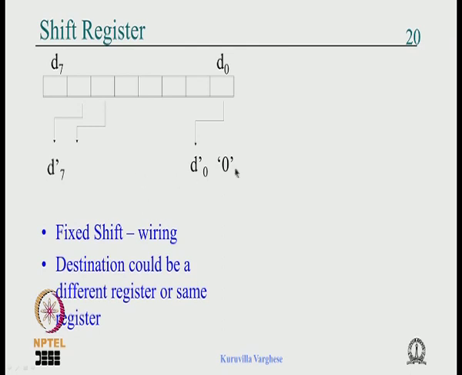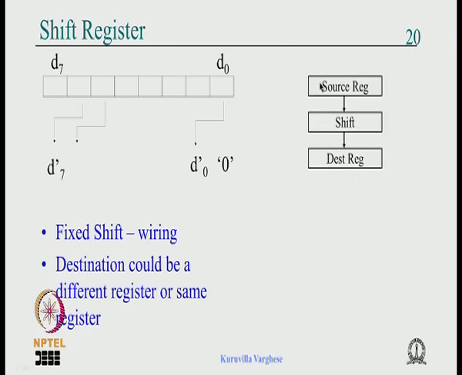In a serial circuit, any computation will be stored in a separate register, but it can be pushed back to the same register, and that is what you studied in undergraduate. So anytime you say shift, this particular picture comes to your mind, and sometimes it can create a little confusion. That is what I have shown here. You have a source register, some wiring for a fixed shift, and a destination register, and the wiring could be whichever way you want.